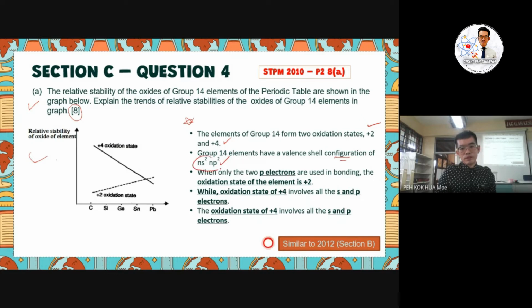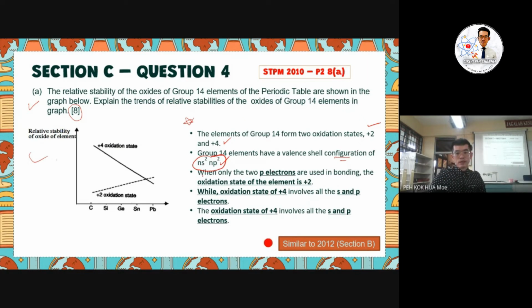From here you can discuss why they can appear as +2 and +4 oxidation states. In the +2 oxidation state, only 2 electrons will be bonding, which are at the p orbital.